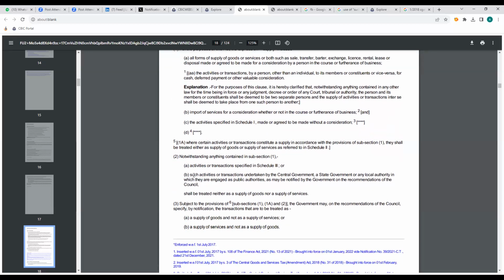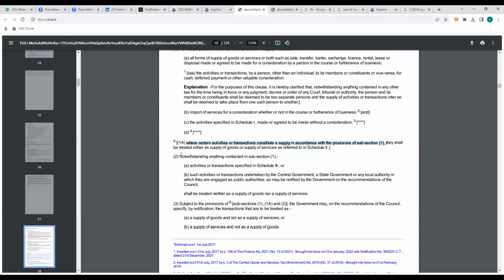Because section 7.1a says where activities or transactions constitute a supply in accordance with the provisions of subsection 1. So the first part, to classify a transaction as supply of service or goods, is that we have to go to 7.1. If 7.1 is satisfied, then 7.1a, 7.2 and 7.3 would be applicable.